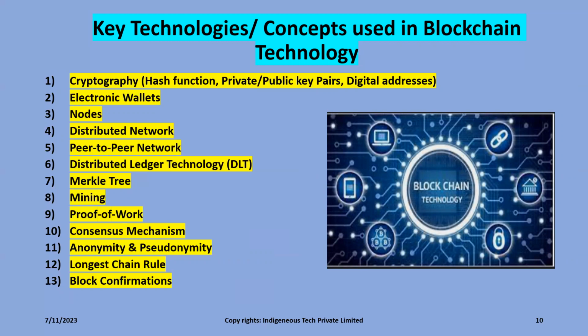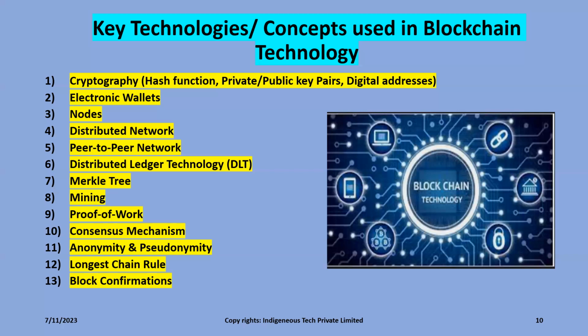Nodes are all the computers which are connected to the Bitcoin network. Distributed network is a very different protocol where there is no client-server architecture. The servers are distributed and each node is at the same level as the others. So there is no third-party control over the transaction of the information.